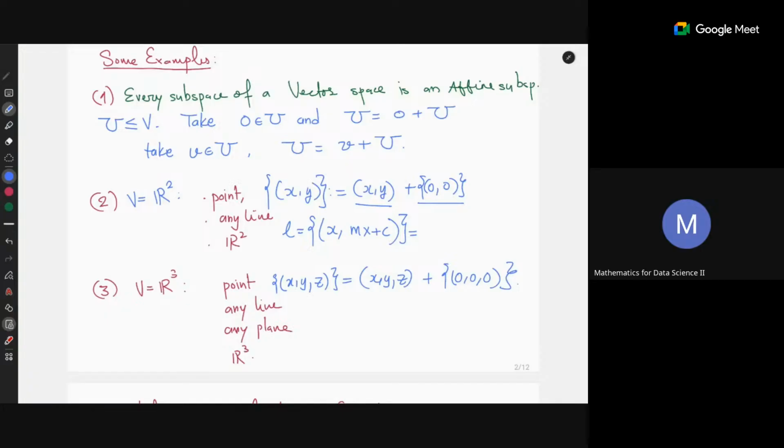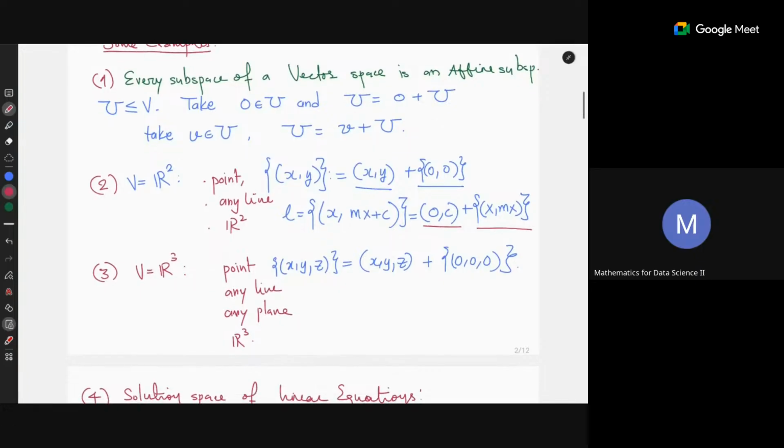You can take 0 comma c out, and what is remaining is x comma mx. Now x comma mx is a line that passes through origin, and 0 comma c is the point that you will take. So 0 comma c is a vector that you will take in the vector space, and x comma mx is the line that you pass. So in R2 also this is fine.